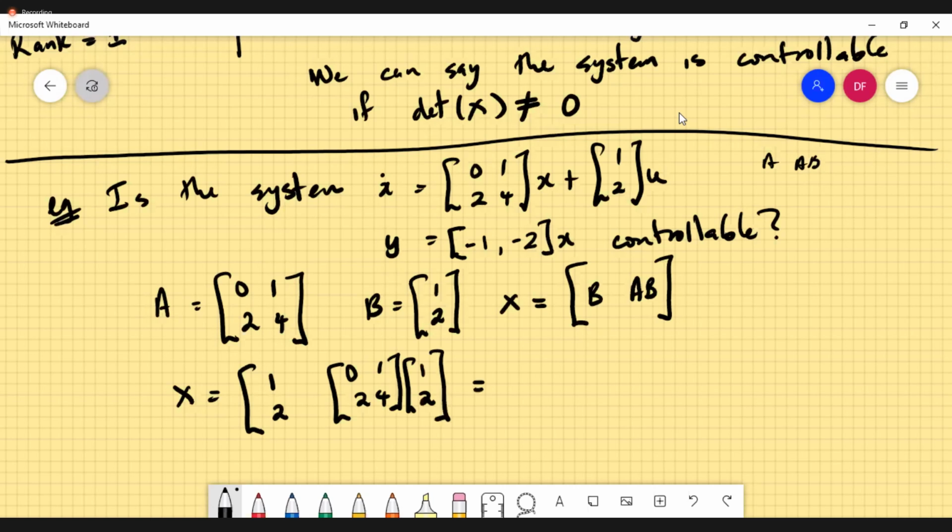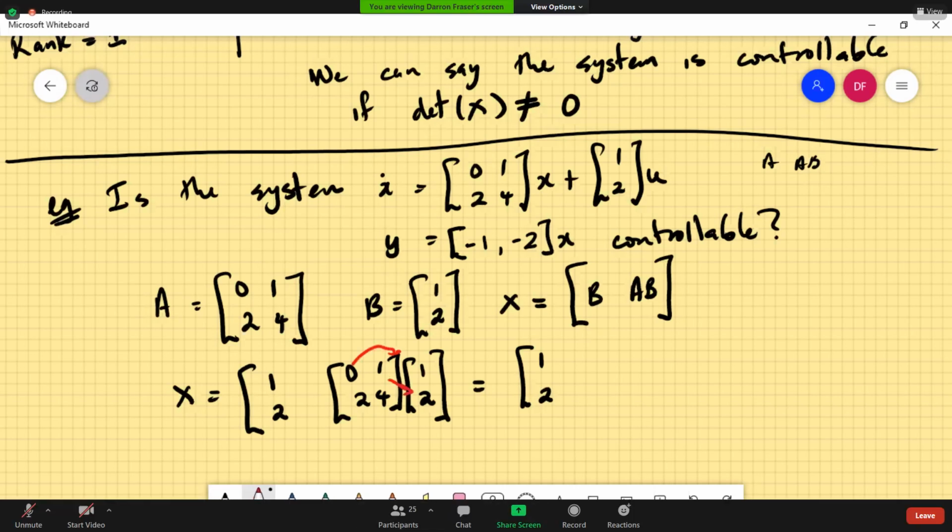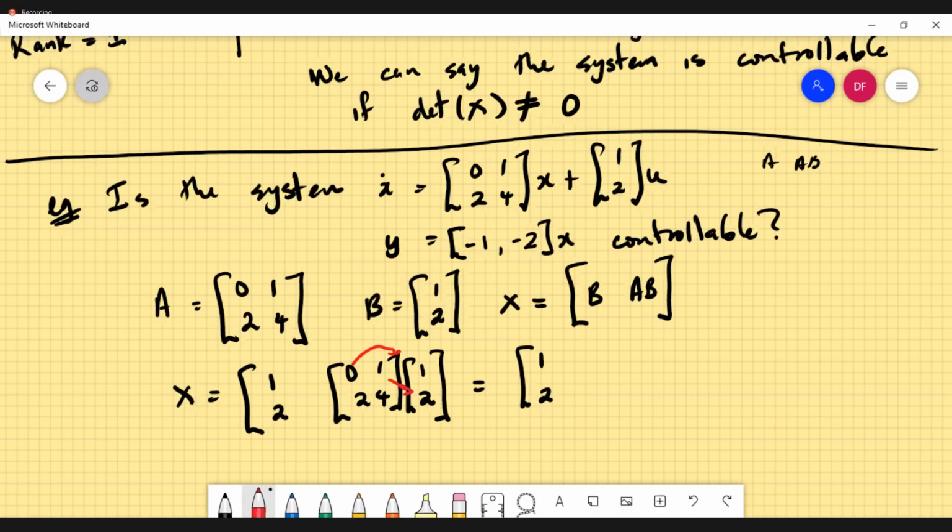If I multiply this matrix, 0 times 1 is 0, plus 1 times 2 is 2.